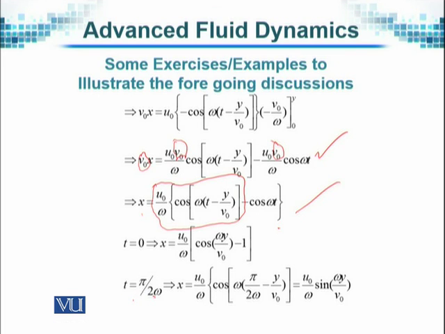And when time t is equal to the upper limit pi over 2 omega, we obtain this equation that can be written as u naught over omega into sine of omega y over v naught. So we have two values for x. This is one value for x, and this is for y.